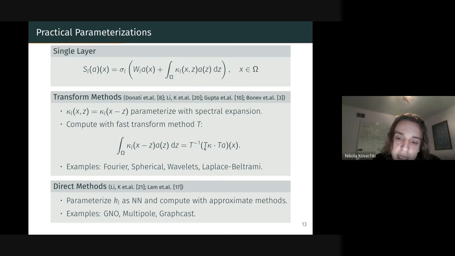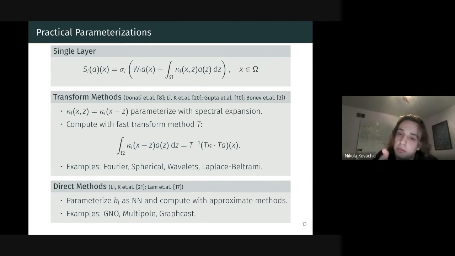So I parameterize kappa directly by its spectral coefficients. When I have an input A, I take its Fourier transform, I pointwise multiply, and then I take the inverse transform. Okay, and that's the same as computing this integral. But now I've parameterized kappa in a way that is consistent to any discretization I might care about for A.